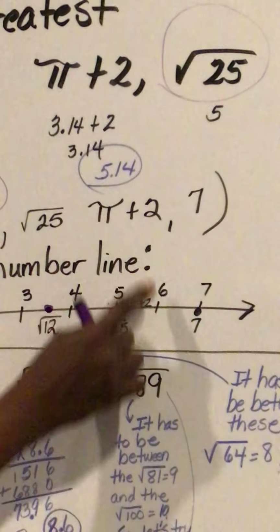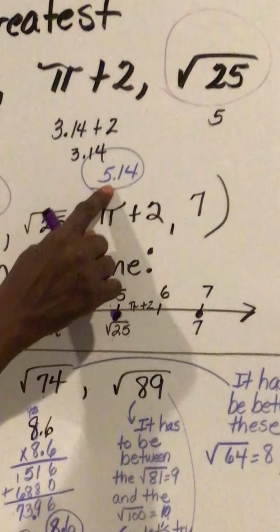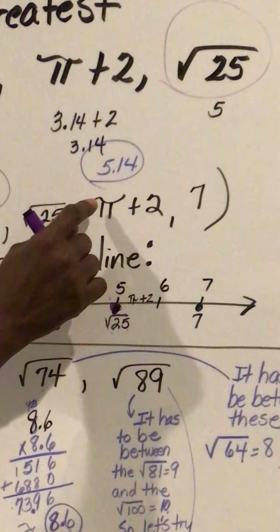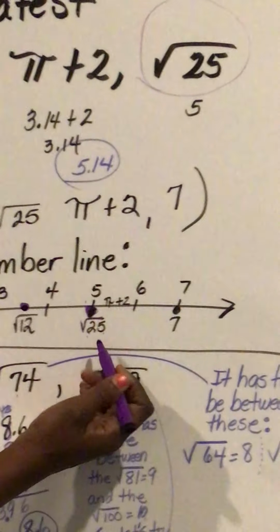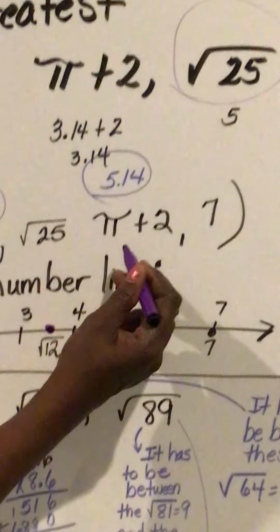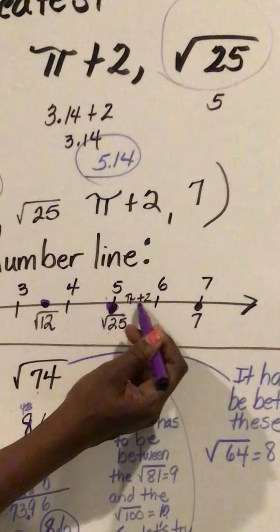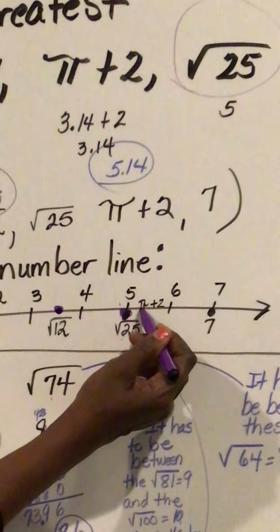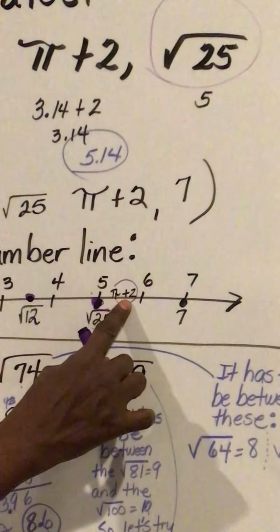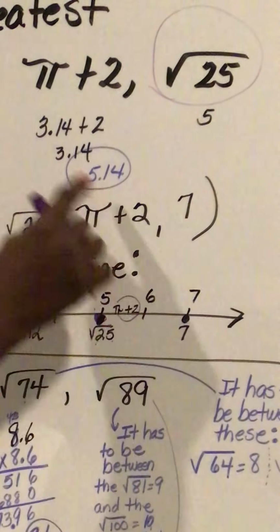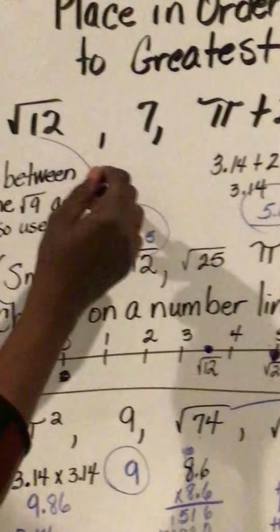Now, 3.14 plus 2 is 5.14. Okay? And so I'm going to place the 5.14 between 5 and 6. Hope you can see that, but that's my pi plus 2. And then all we have left is 7 because we've used everything.